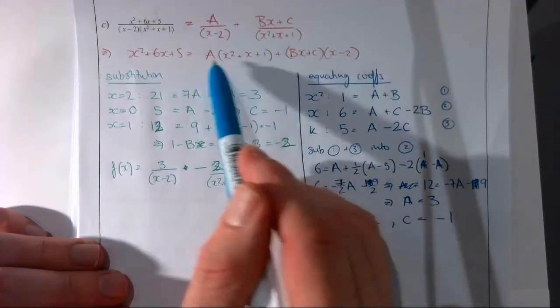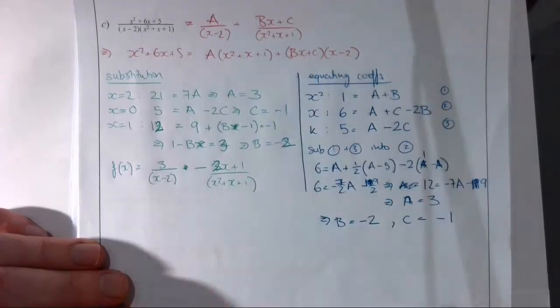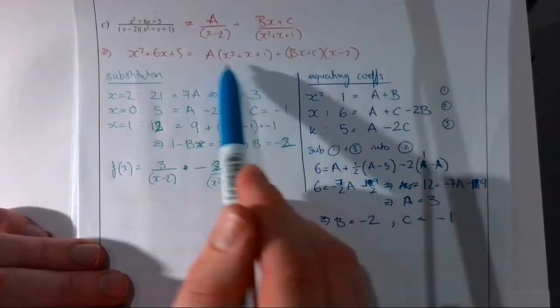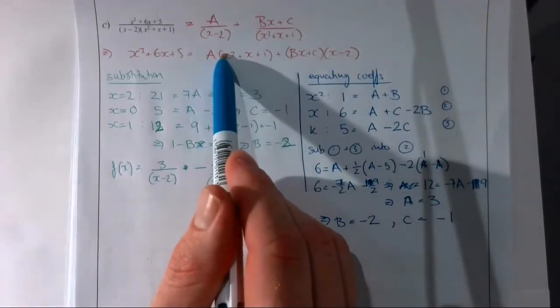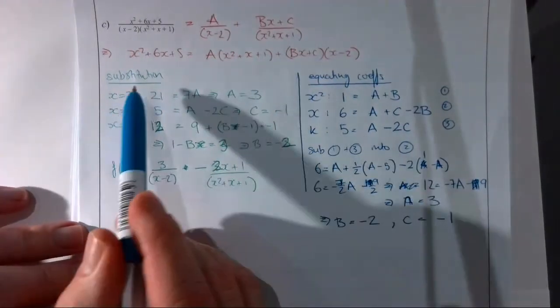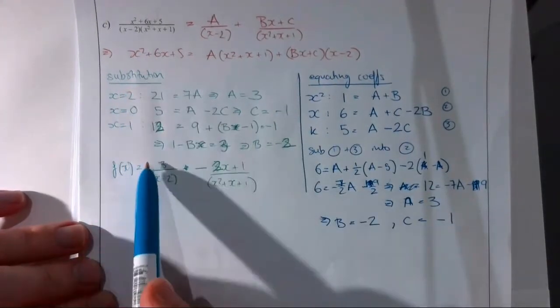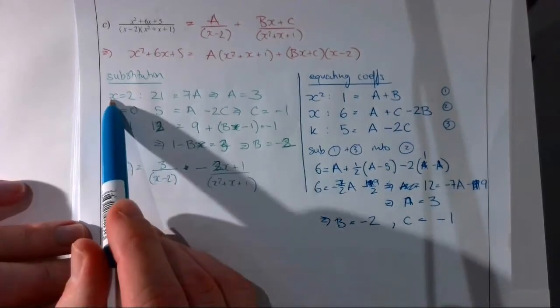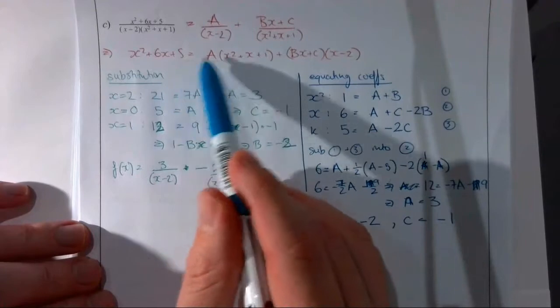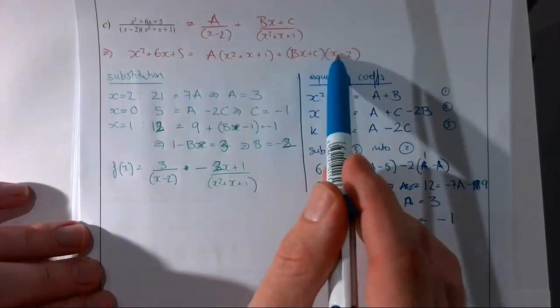And here we see the reason why we need this bx plus c, because what we need is a quadratic term from here to balance the one from a and allow us to get the x squared coefficient to be what we need. So when I've substituted in here, I've substituted in x equals 2, because that will allow me to find a, because the second term disappears.